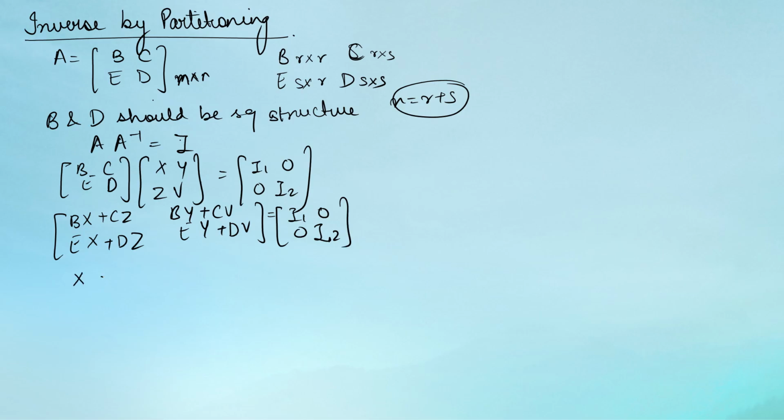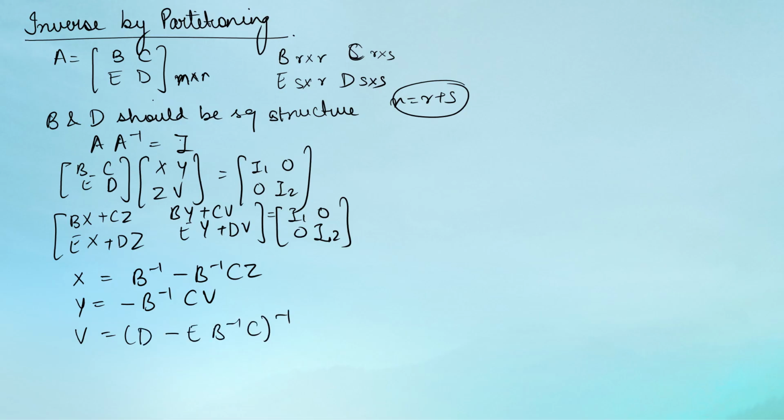So on solving these equations, you'll get X as B inverse minus B inverse Cz, Y as minus B inverse Cv, then V as D minus E B inverse C whole inverse, and Z as minus V E B inverse.